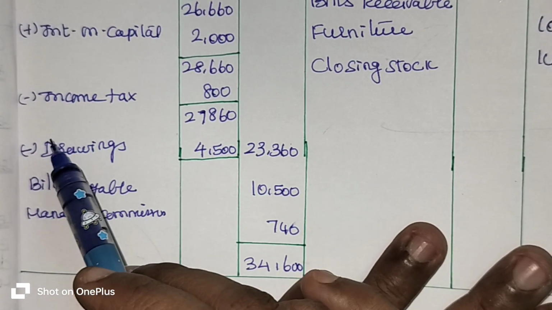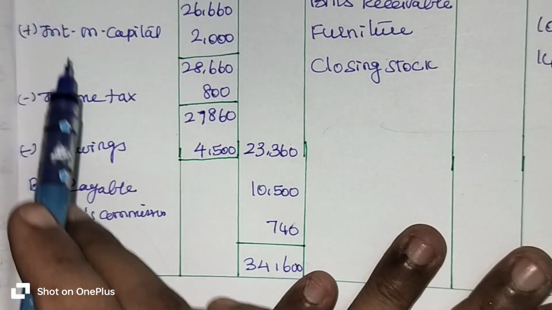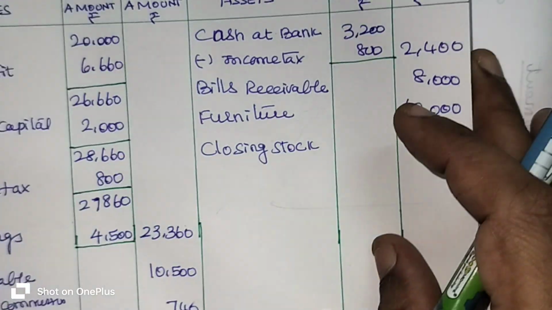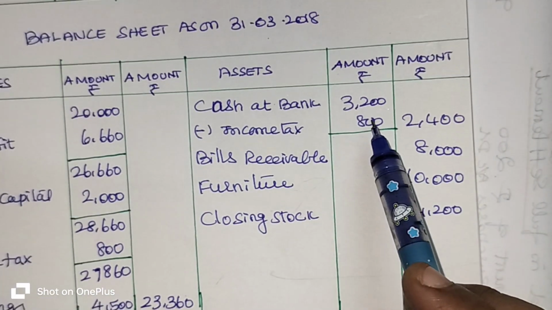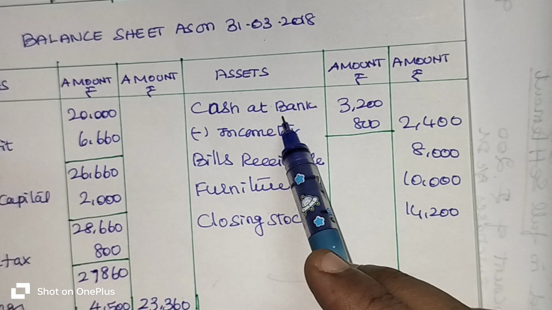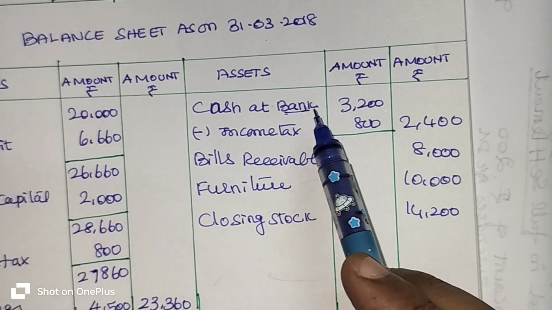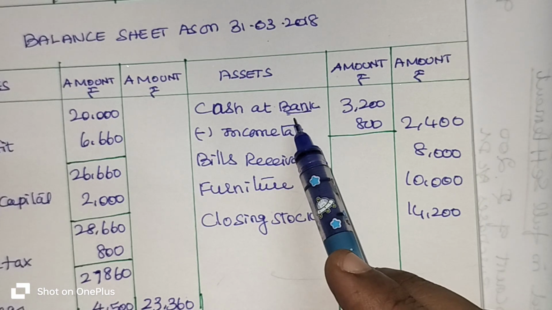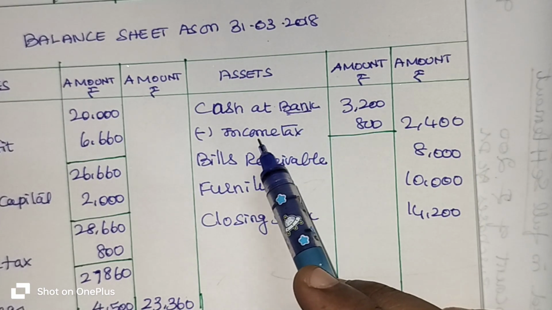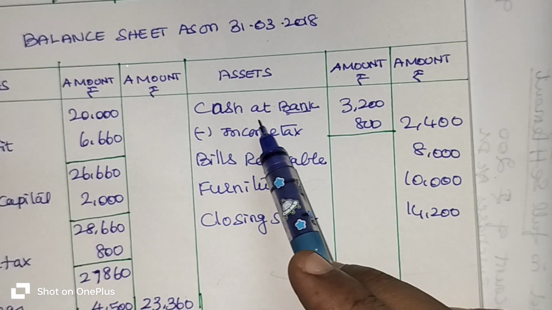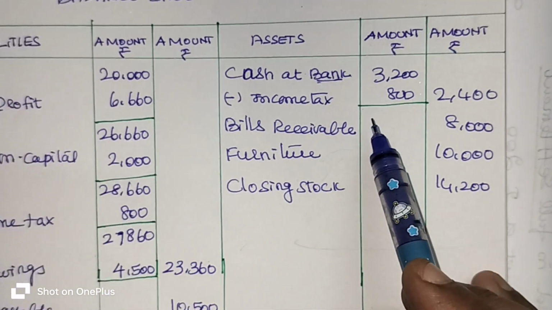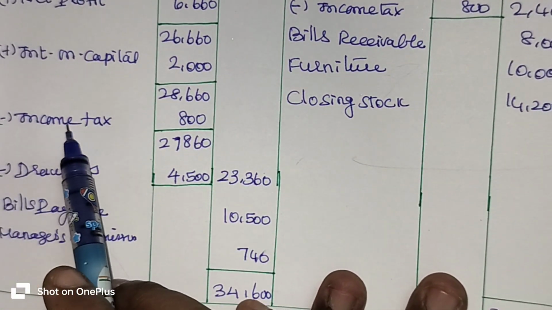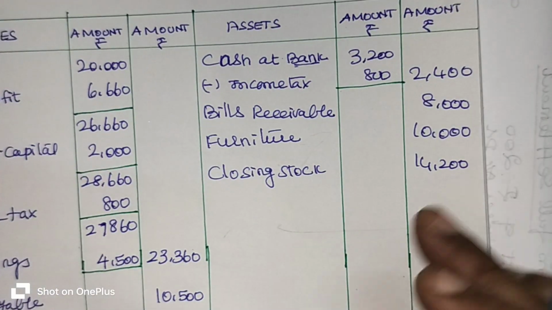We subtract income tax from capital on liability side, and on asset side we subtract income tax from cash at bank. Because the income tax is taken from your bank account, we subtract income tax from cash at bank, not cash in hand. So income tax appears on liability side and asset side, two places in the final accounts.